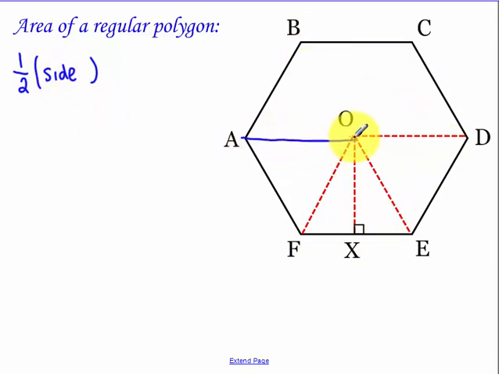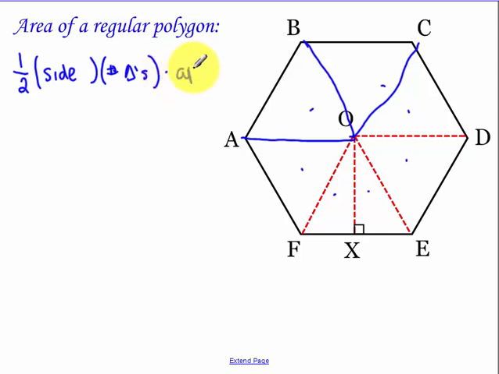Let me draw in the radii so that you can see we have this many triangles times the number of triangles that we have. So 1/2 base times the number of triangles times the apothem, which is the height of that triangle.